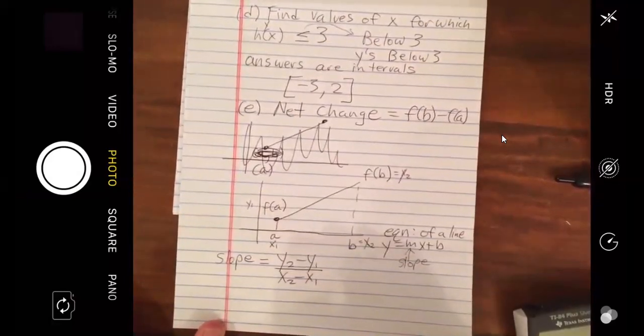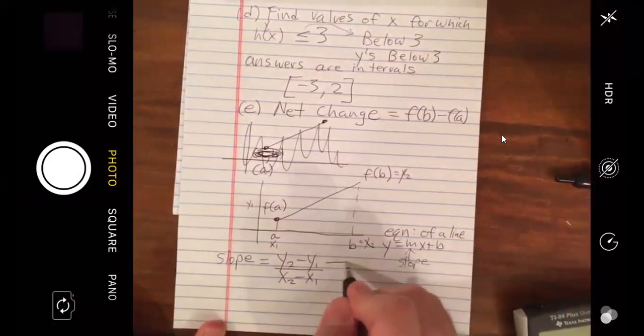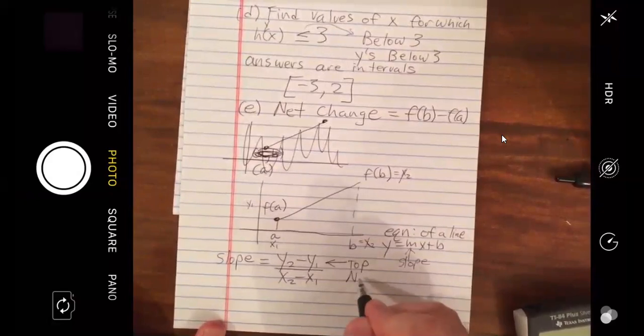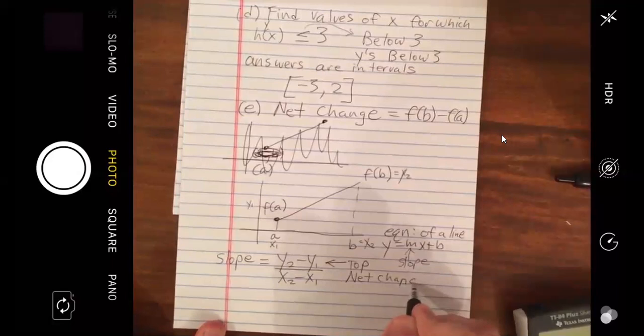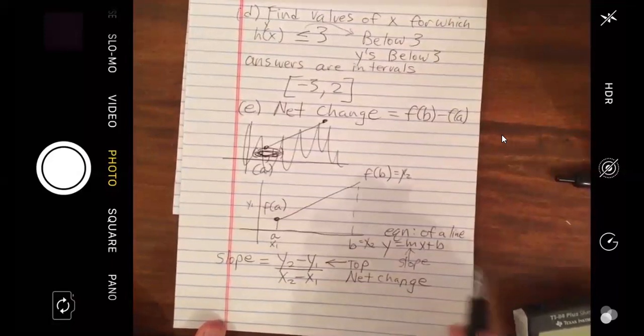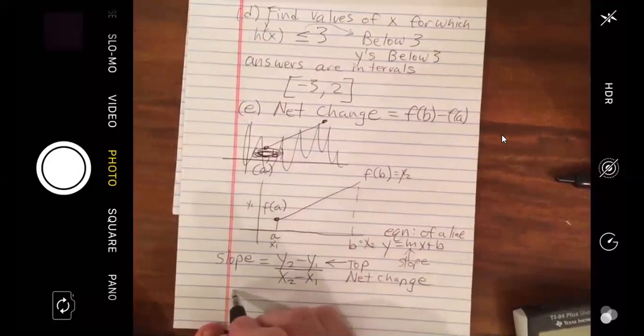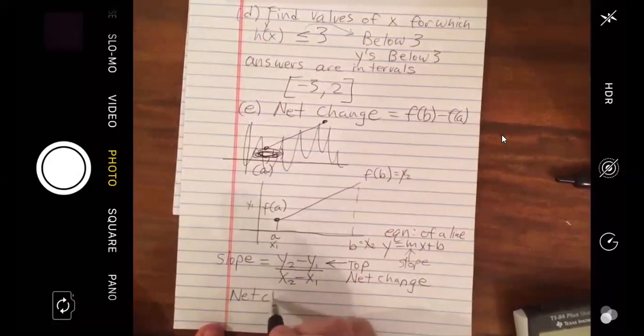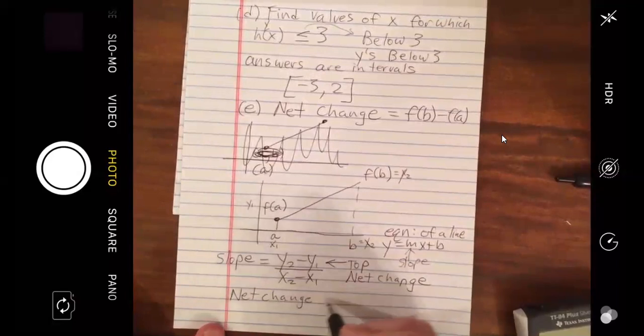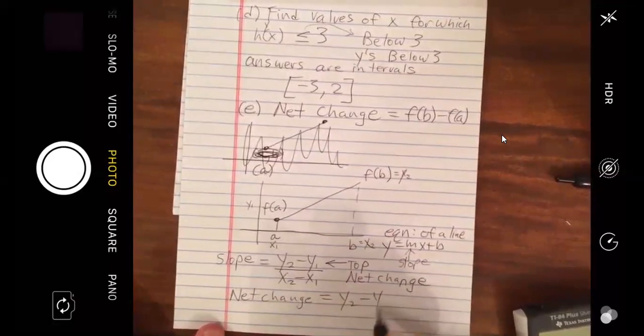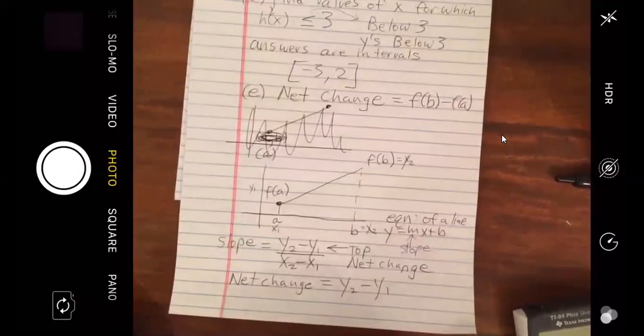In effect, this top is your net change. It's the top part of the slope formula. In the book, you'll see it with A's and B's. The net change is just y2 minus y1. I should just stick to familiar letters instead of using the stupid book A's and B's.